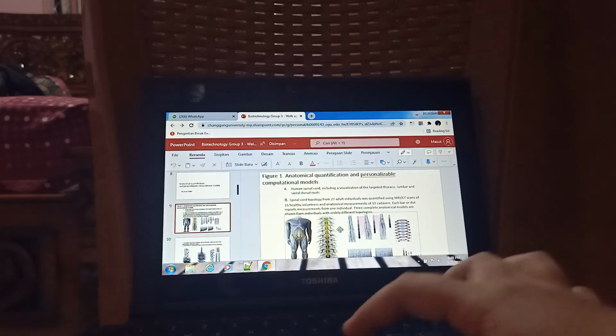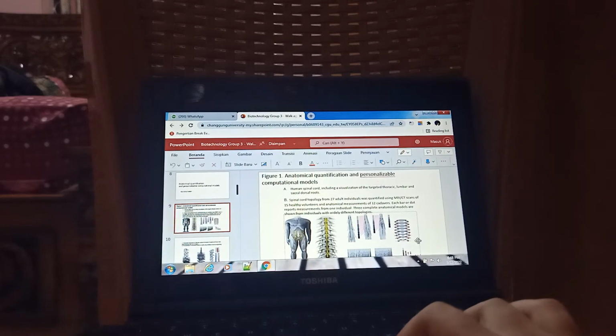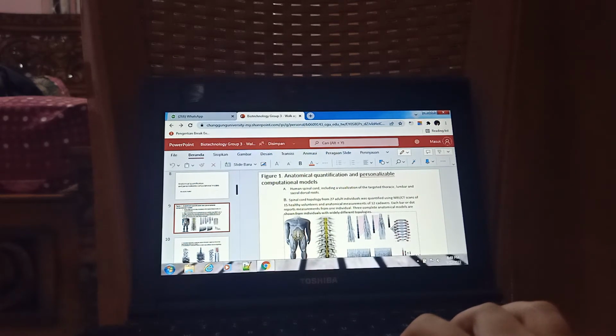Based on picture part C in figure 1, and extended data figure 1.